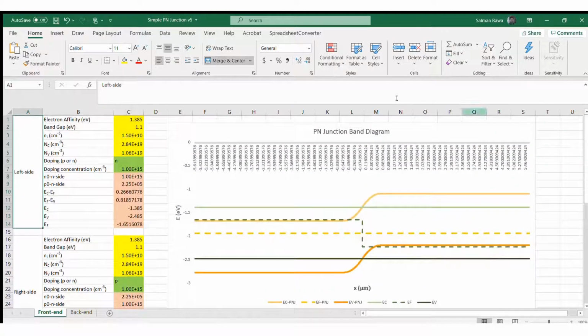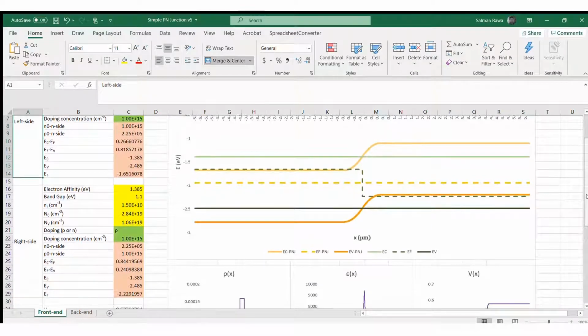The yellow highlighted boxes on both sides represent electron affinities, band gaps, intrinsic concentration of carriers, and the density of states in the conduction band and the valence bands. In case of a p-n junction, this should remain the same for both the sides.